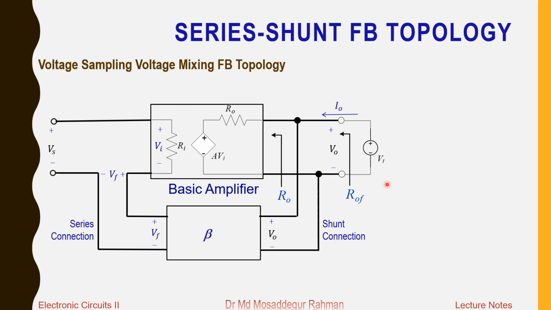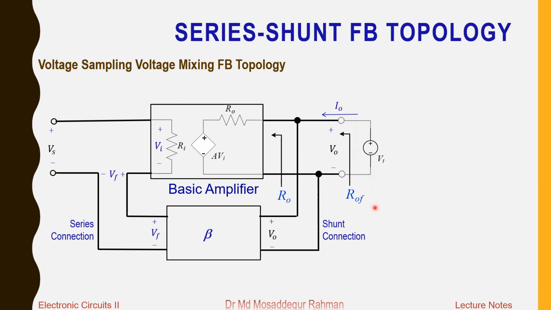So in order to simulate that behavior, what we do is apply a test voltage at the output side. When you apply a test voltage, that will force a current I0 to flow into the amplifier.